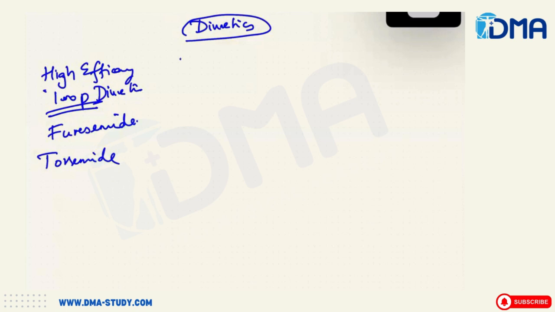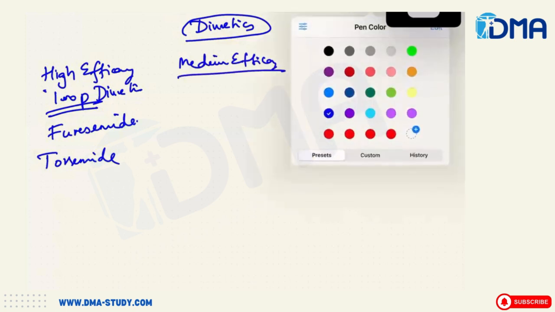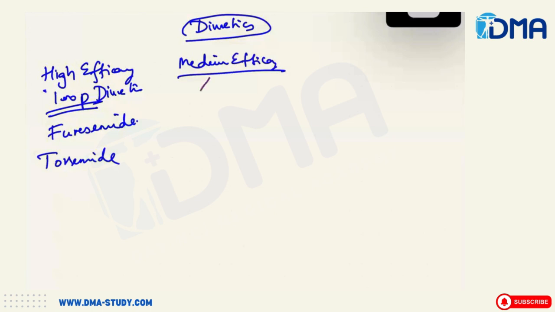Then medium efficacy diuretics include the thiazides. Example of thiazides, hydrochlorothiazide.